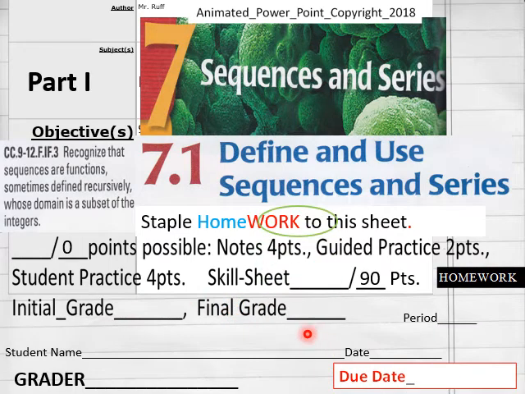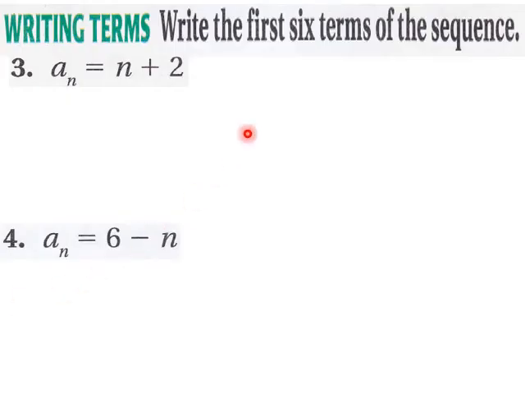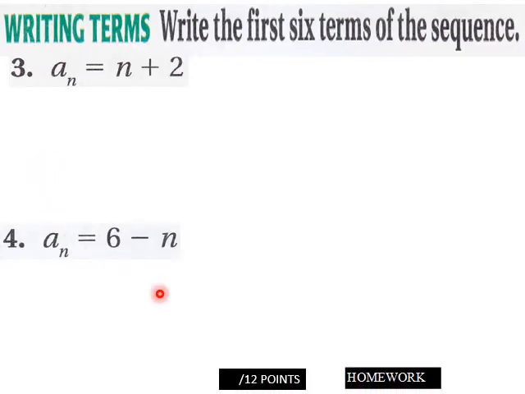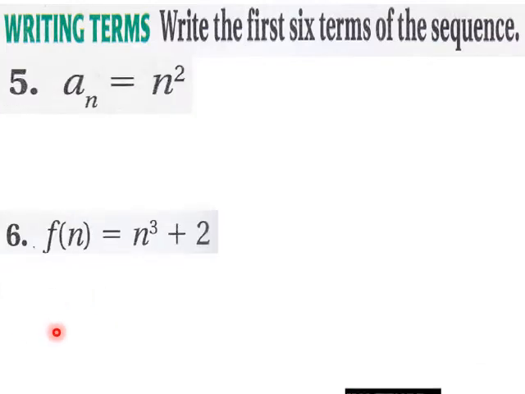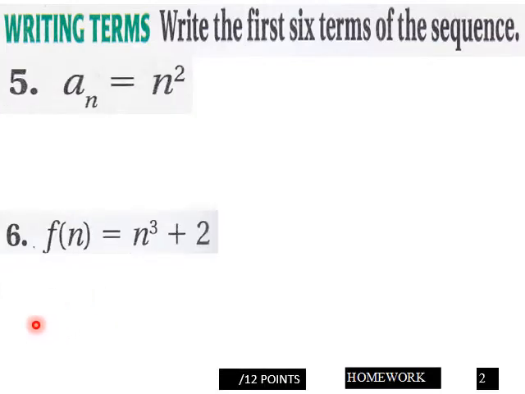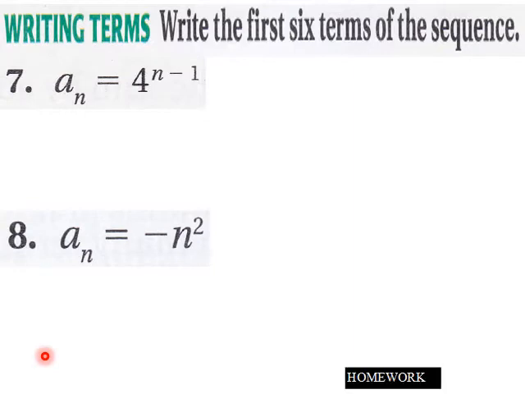Okay, we're going to do some homework now. We have enough background where we can get a 90-point homework assignment in. There's no notes above. Write the first 6 terms here. Page 1 of your homework. Page 2 of your homework, write the first 6 terms.